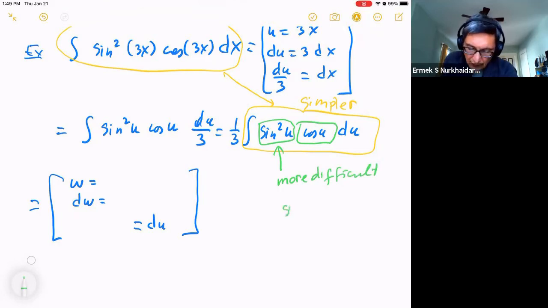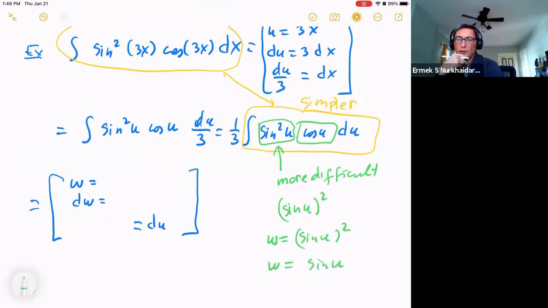So I have sine u, squared. My possibilities for substitution are either to choose the whole thing, w will be the whole thing, or better, just the inside part of it. Okay? So that will be the better one.